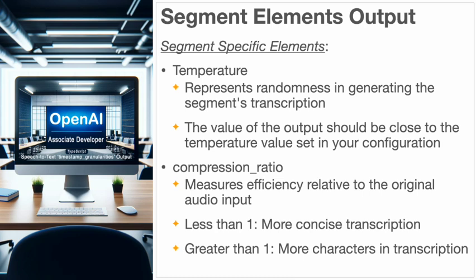Also, a value of exactly 1 does not necessarily mean there are exactly the same number of characters or tokens in both the transcription and audio. What this would mean is that the transcription is as concise as the audio input relative to the complexity of the language used. However, a value of exactly 1 is unlikely in practice.